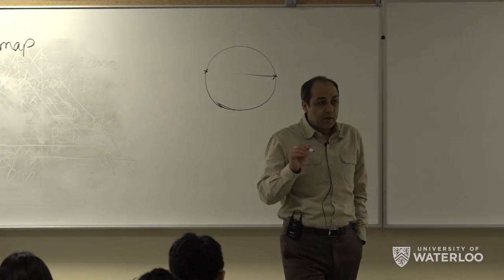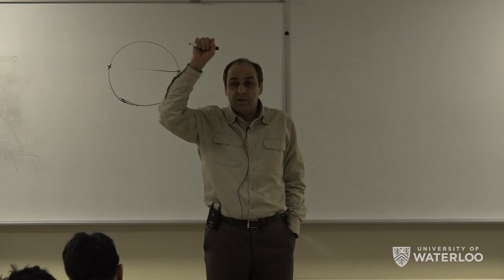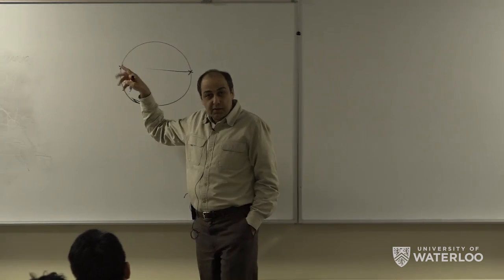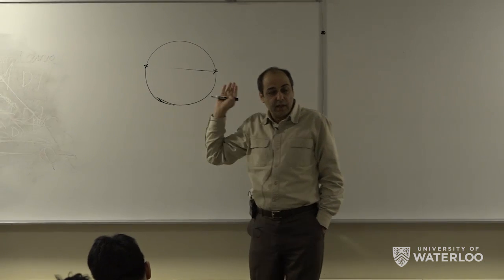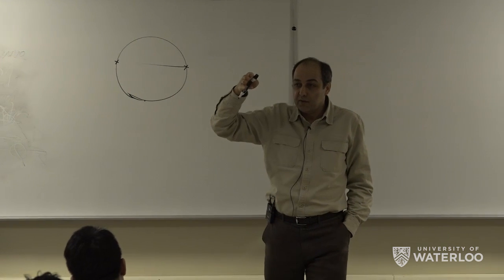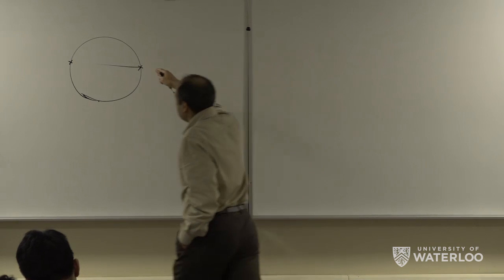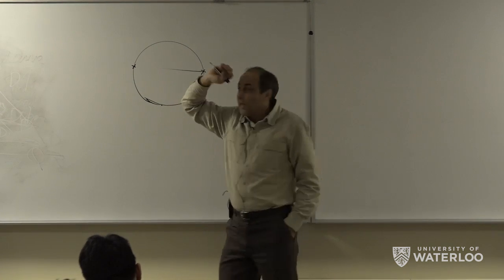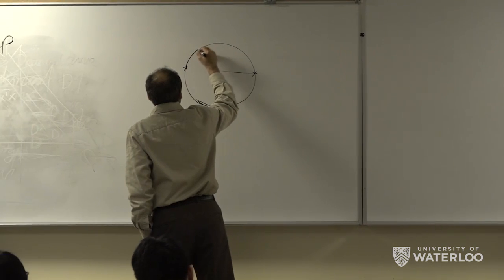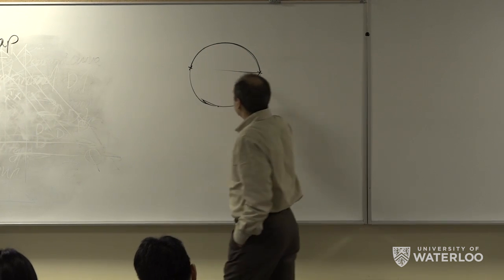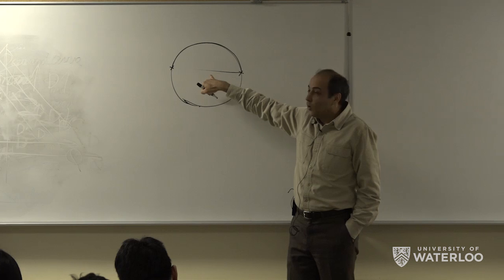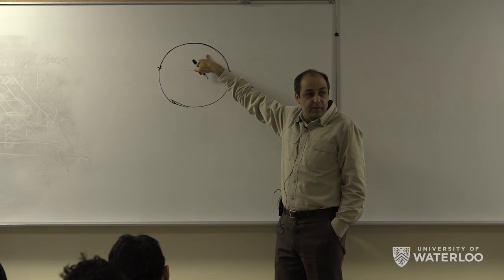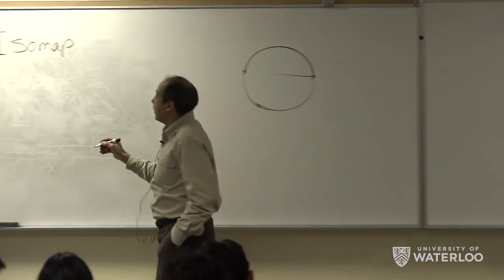If you ask me how can I go from here to LA, and if I measure the Euclidean distance on the Earth between Waterloo and LA, this is not the way that you're going to travel. You are going to travel on the surface of Earth, right? And the distance that you're looking for is this distance, rather than this distance. This is Euclidean distance. This is geodesic distance. Okay?